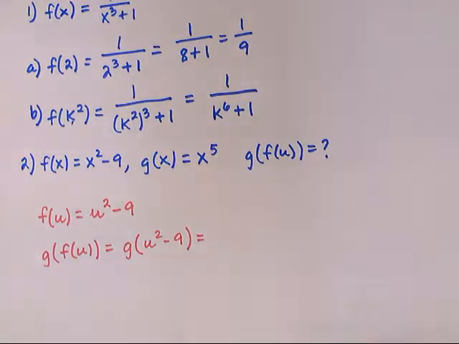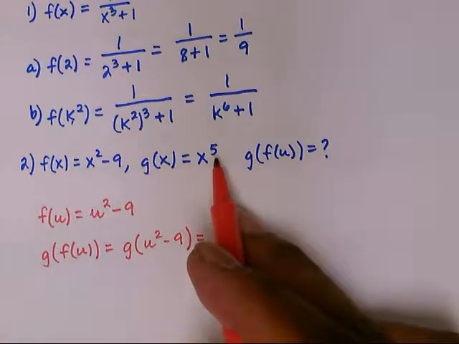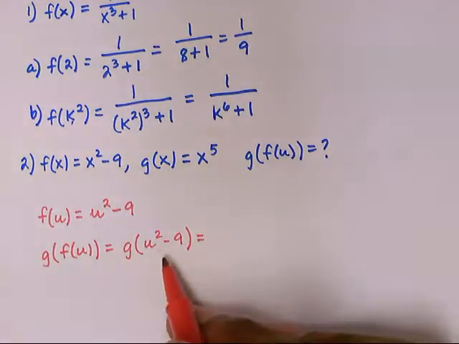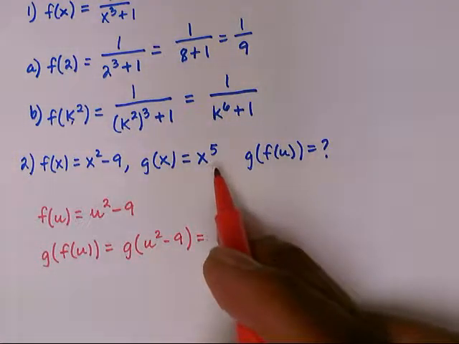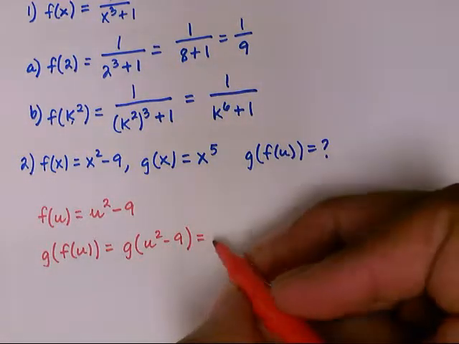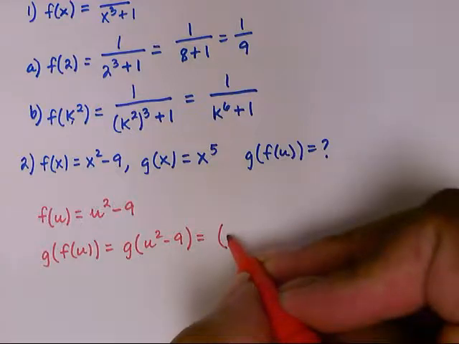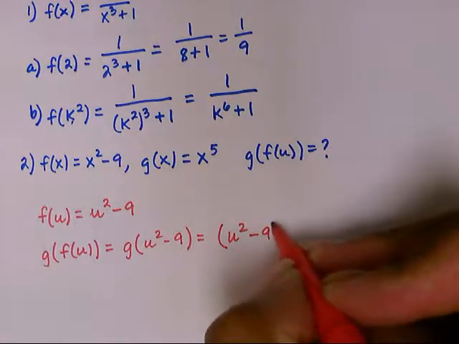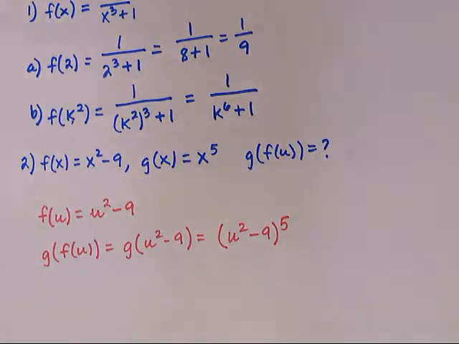And since g of x is equal to x to the fifth, and I'm finding out what g of u squared minus 9 is, I'll replace the x in the g of x with f of u, which is u squared minus 9. So this will be u squared minus 9, and that's going to be raised to the fifth power. Okay, and that will be as far as I can go with that particular problem here.